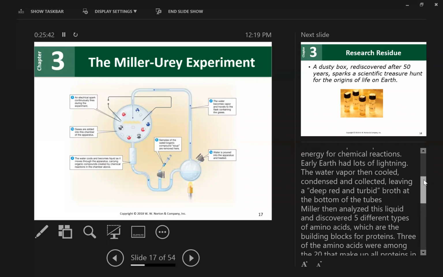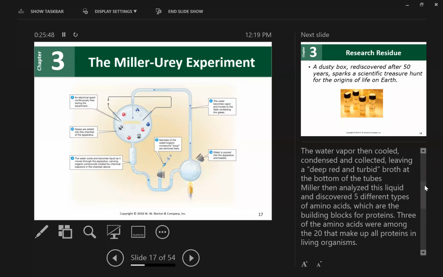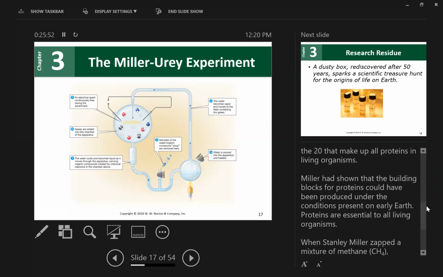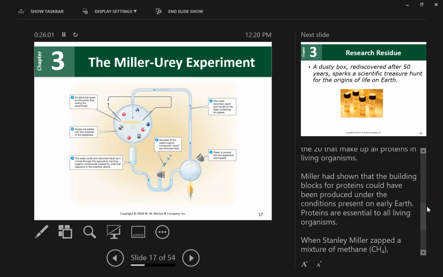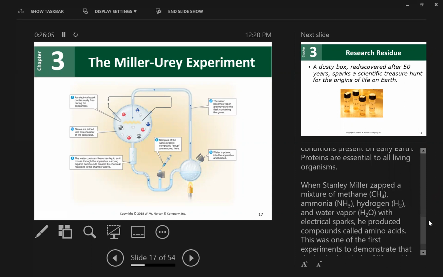Remember our macromolecules? Proteins, that's a big one. 3 of the amino acids were among the 20 that make up all proteins in living organisms. Miller had shown that the building blocks for proteins could have been produced under the conditions present in early Earth. Proteins are essential to all living organisms.